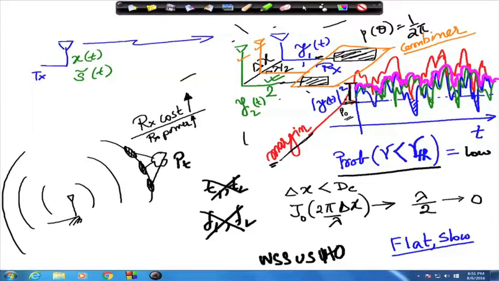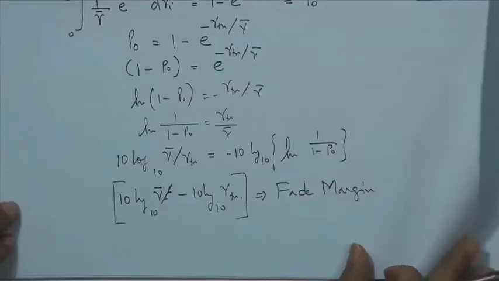Now, as we move ahead with selection combining, what we see is that the outage probability for selection combining is different.